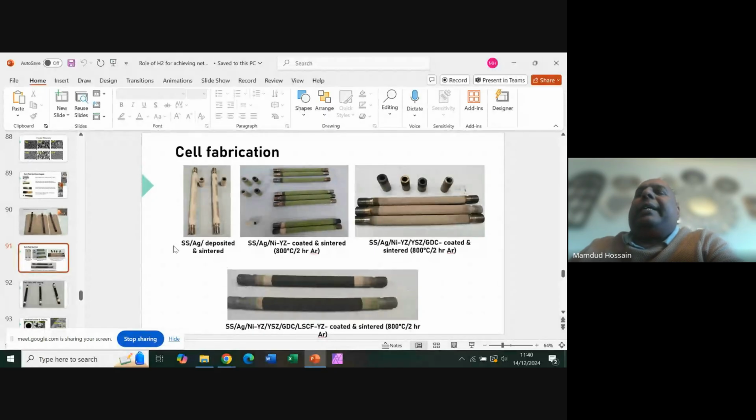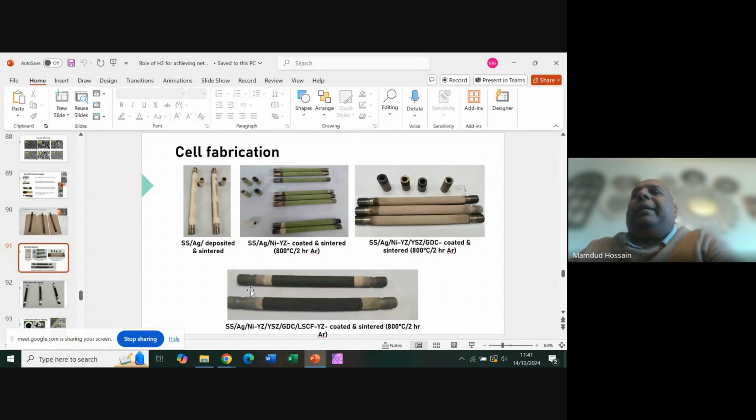So stage by stage, we took a stainless steel tube. First of all, we coated silver, then nickel YSZ, then YSZ and GDC, and finally an LSCF YSZ coating.